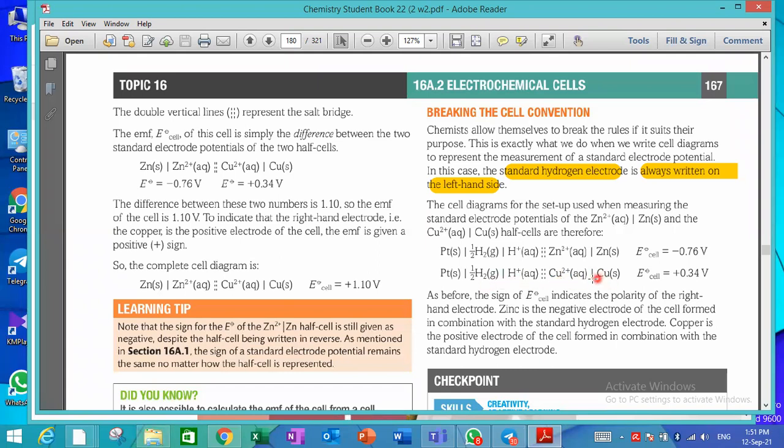As you see, we put the solids at the terminals, together with the platinum solid, and then the gas, and then the ions in the middle, like we did here. Both metals at the terminals and the aqueous solutions in the middle, separated by the salt bridge.